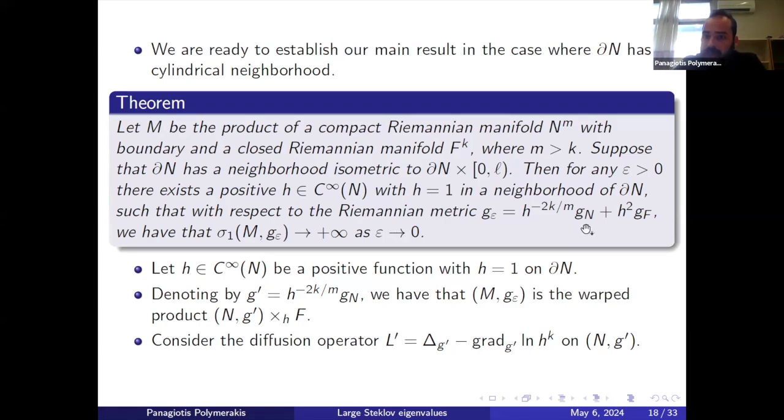And this Riemannian metric is quite natural, namely, we consider the warped product of N with F, and then we just rescale in the horizontal space so that the volume element of this metric is the same as the volume element of the product metric.